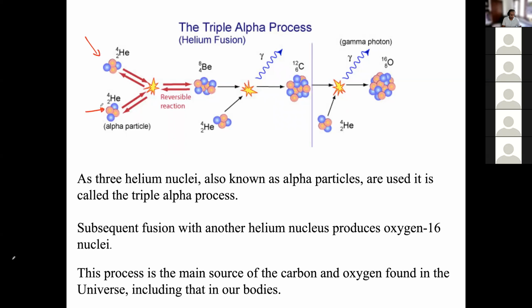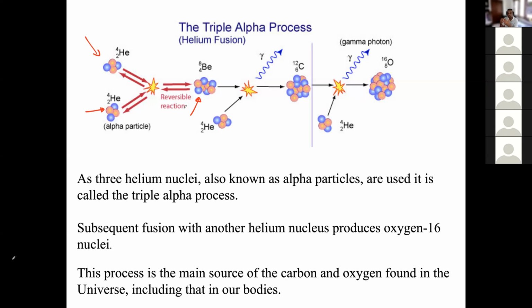An alpha particle is basically a helium nucleus, and they can combine together, right, if you have the correct temperature, to make beryllium. But the problem with this reaction is that it is a reversible reaction. Maybe students who are doing chemistry probably know better than me about this. Because of that, the beryllium is not a stable nucleus, right?